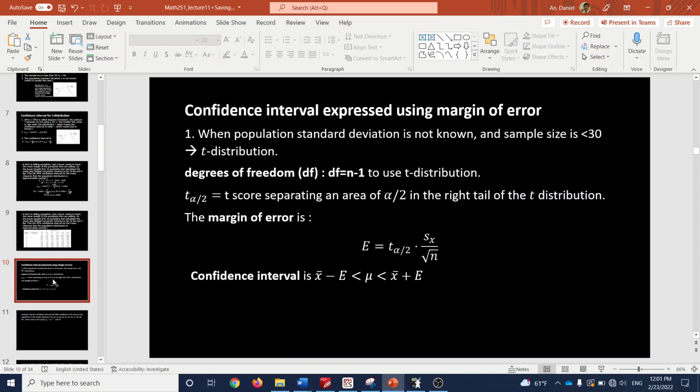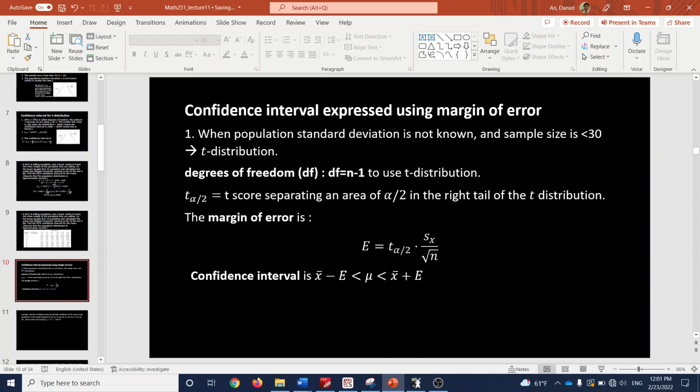So now let's talk about margin of error. The number that we just calculated and added or subtracted is called the margin of error because it's like the difference between the true average, the true population mean, and your estimation.